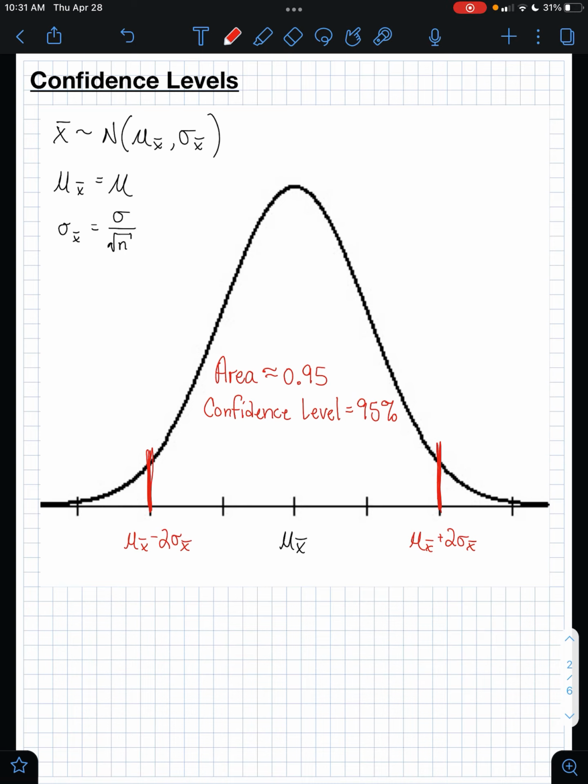And what this means as far as the sampling distribution goes is that approximately 95% of all sample means are within 2 standard deviations of mu sub x bar.